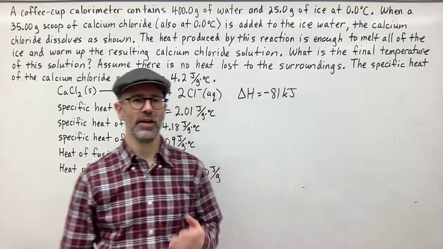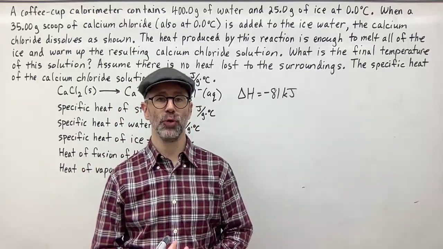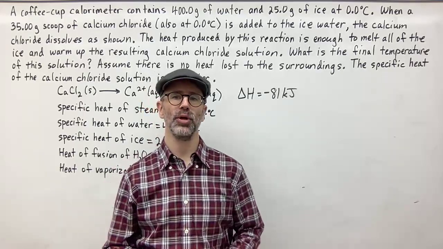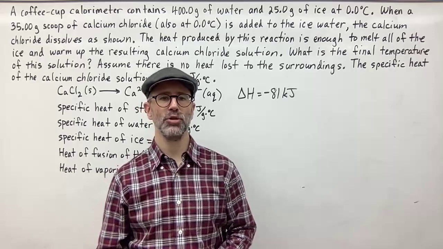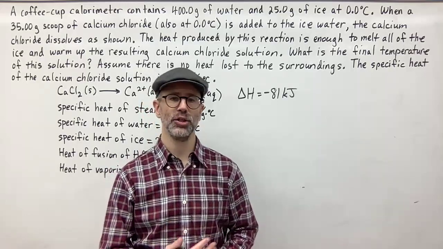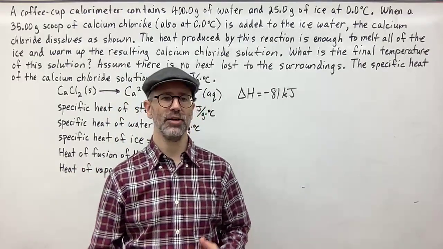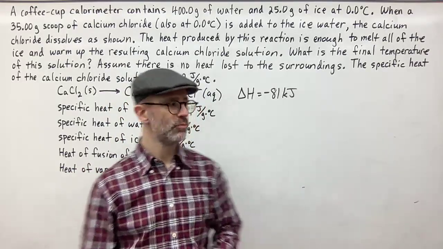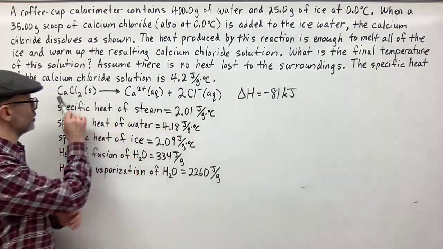So in this problem we have a coffee cup calorimeter that contains 400.0 grams of water and 25 grams of ice at 0.0 degrees Celsius, when a 30.00 gram scoop of calcium chloride, also at 0.0 degrees Celsius, is added to the ice water. The calcium chloride dissolves as shown. Right, so here's the equation for the dissolving of the calcium chloride.